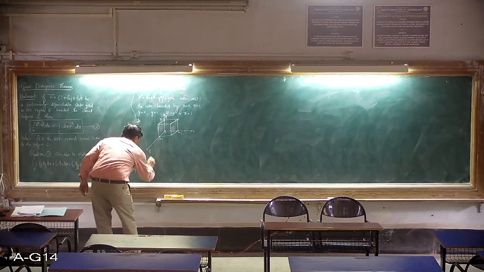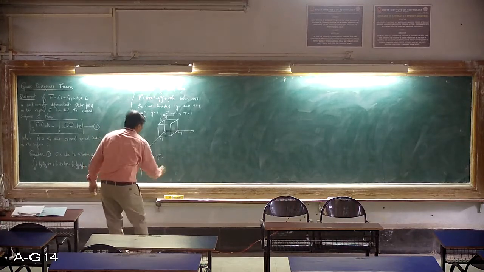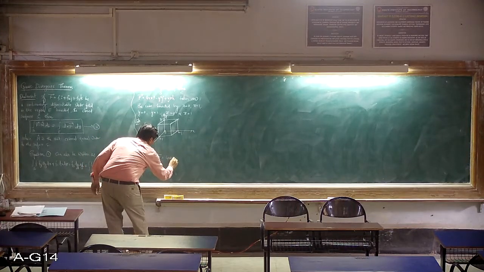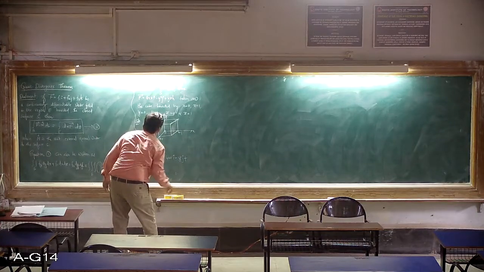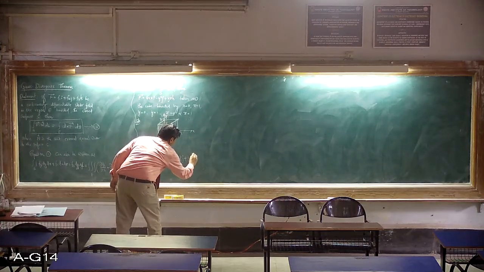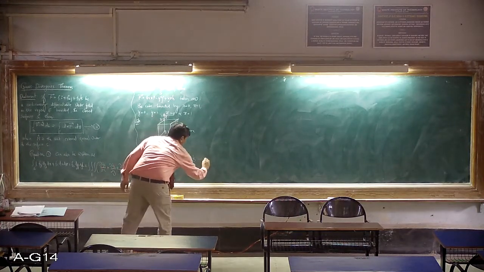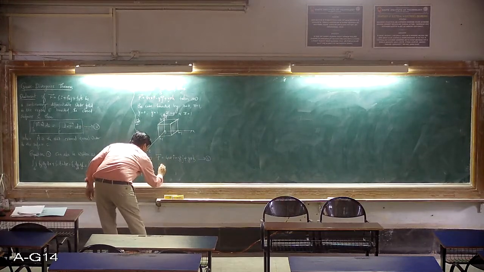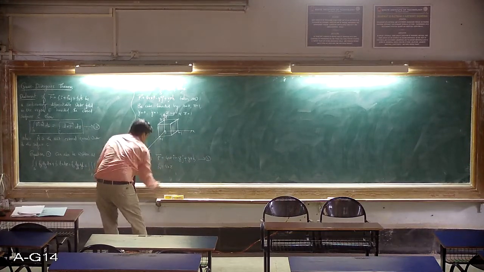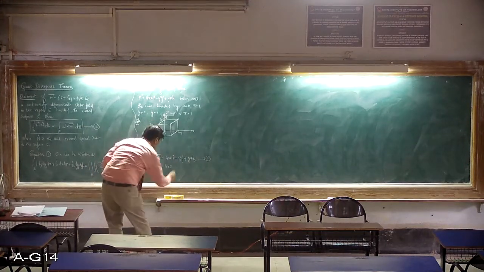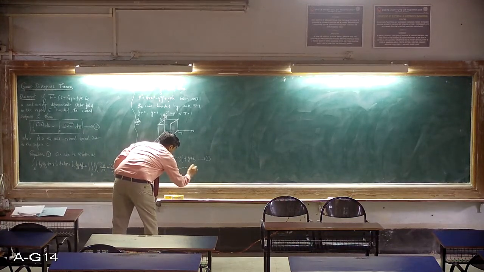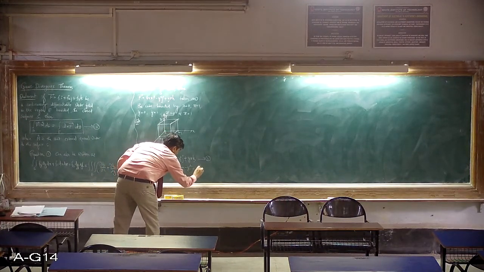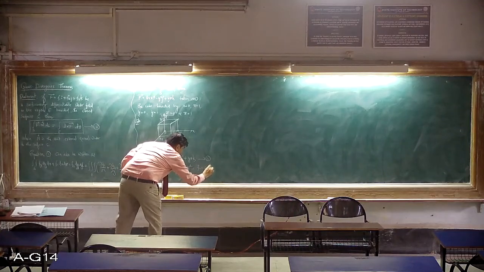Let me write what F is. F is equal to 4xz i minus y square j plus yz k. We can call it equation 1. What is F1 here? F1 is 4xz, because F1 i plus F2 j plus F3 k, then F2 is minus y square, and F3 is yz.